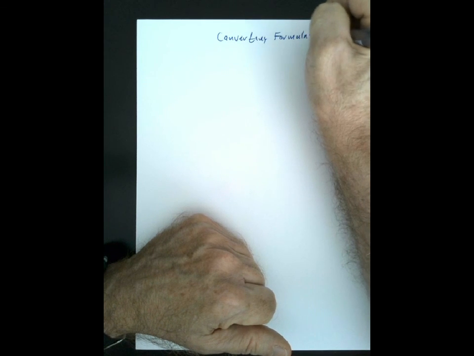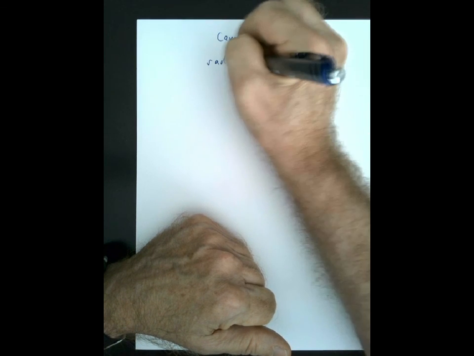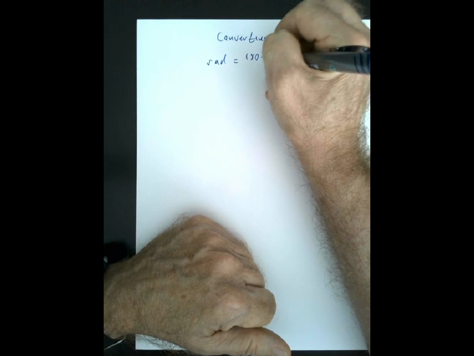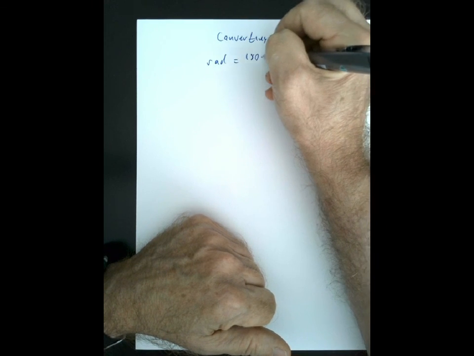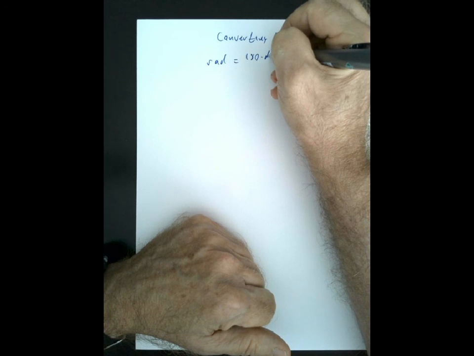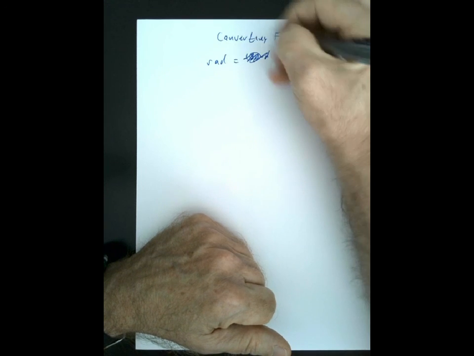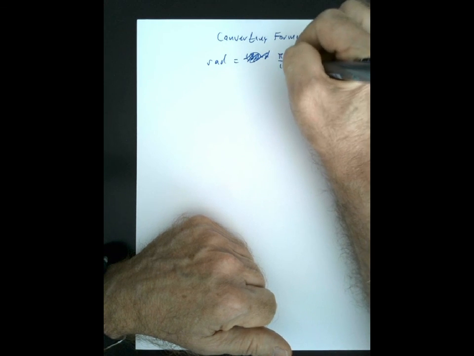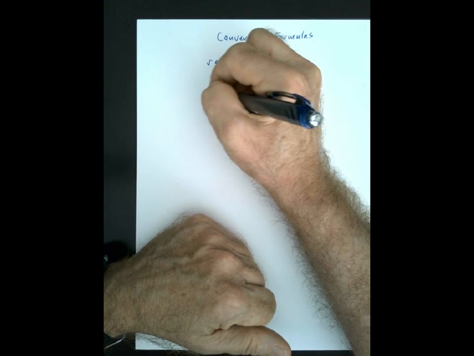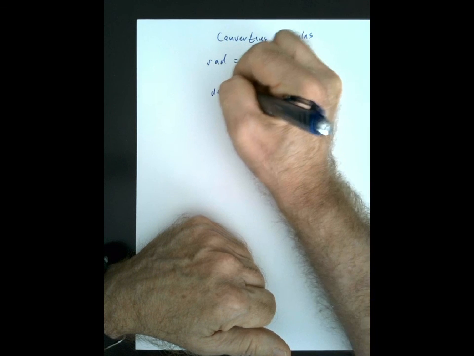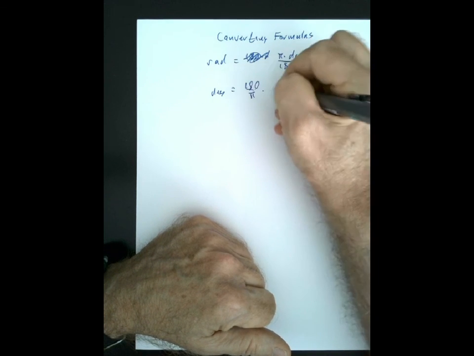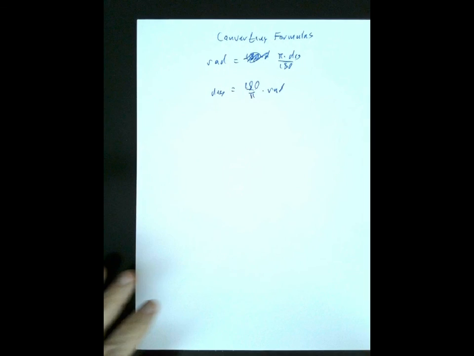We said that radians are equal to pi times the number of degrees over 180, and the number of degrees is equal to 180 over pi times the number of radians. Those are the first 2 formulas we had.